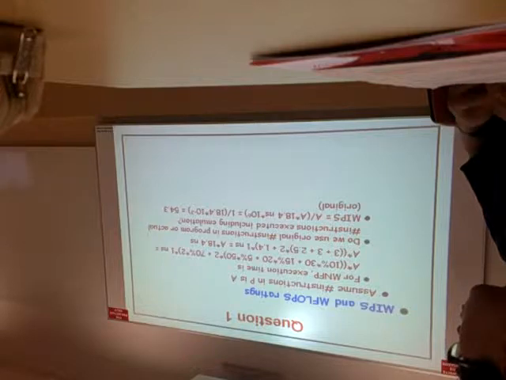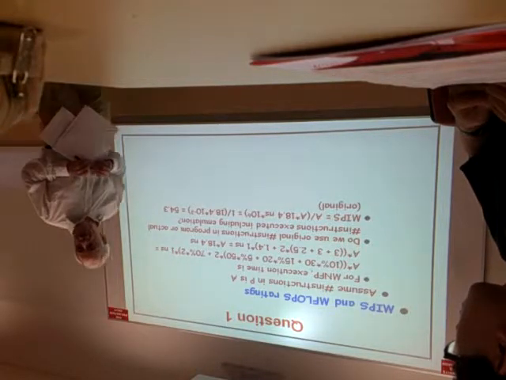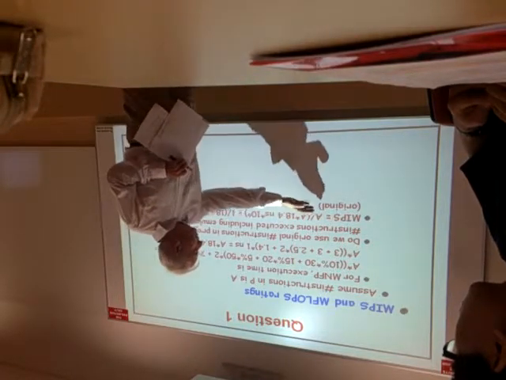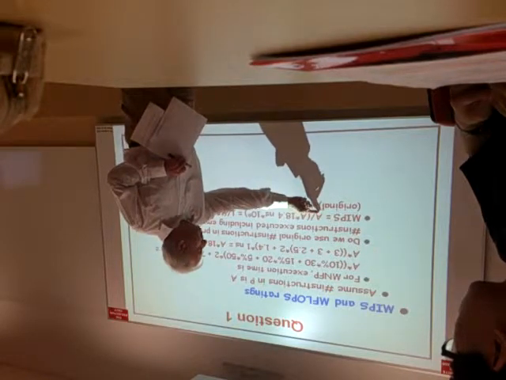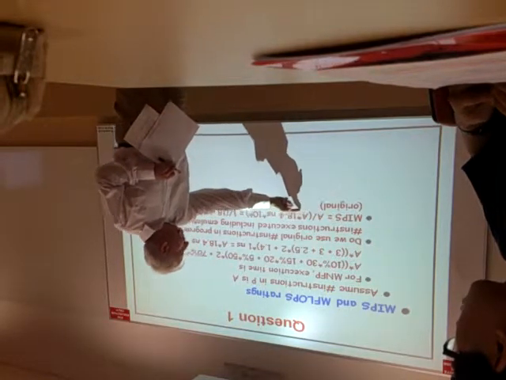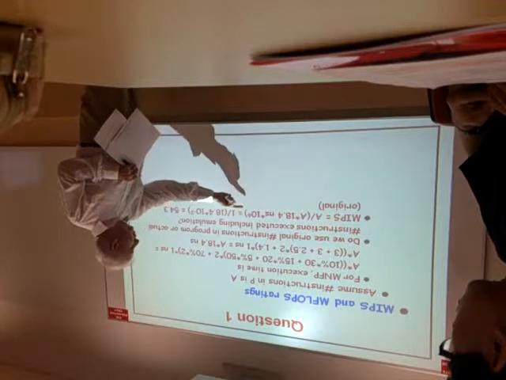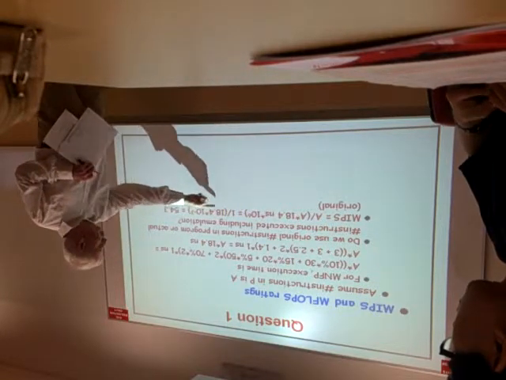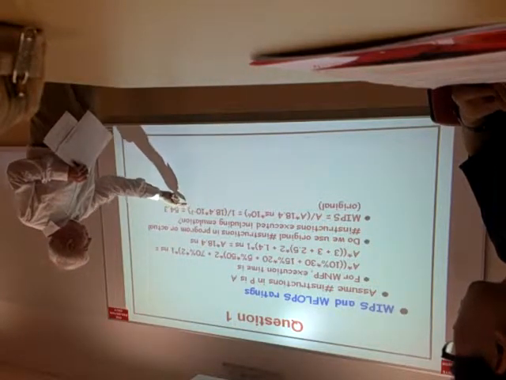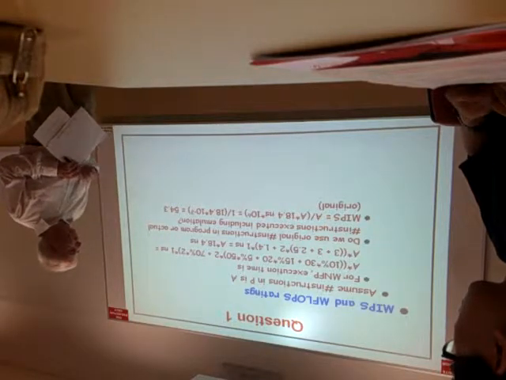If we use the original number of instructions, the calculation is similar to before. The MIPS has a number of instructions A, we have the new execution time, so we cancel out the A's, we get 1 over 18.4 times 10 to the minus 3, which is 54.3.